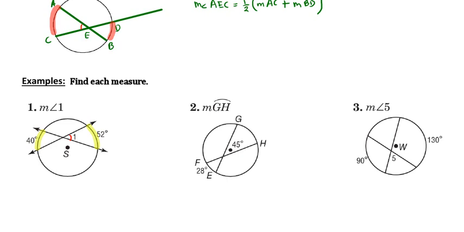So measure of angle 1 is equal to 1/2 times 40 plus 52. 40 plus 52 is 92, and then 1/2 of 92, which is the same as dividing by 2. 92 divided by 2 is 46 degrees.